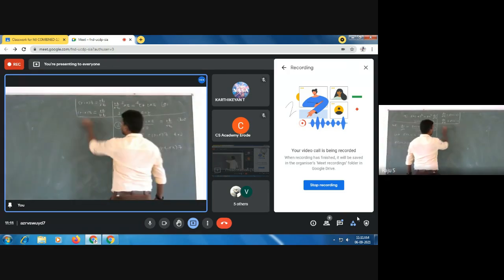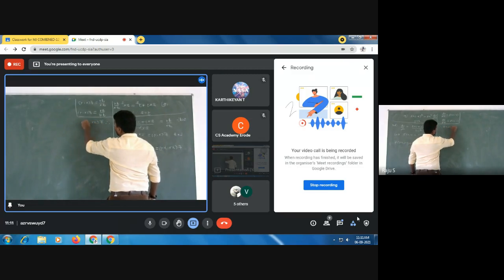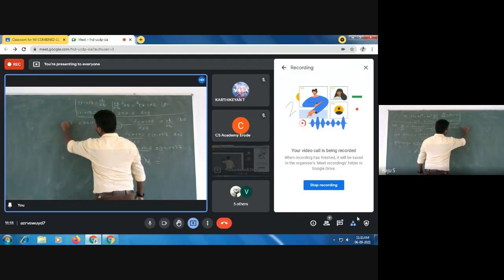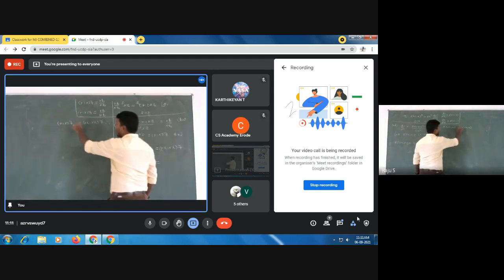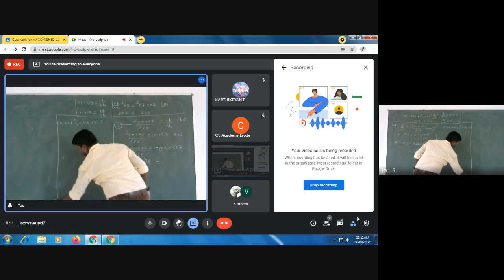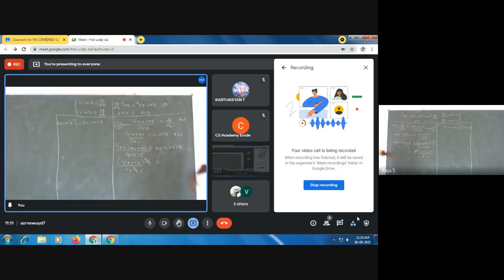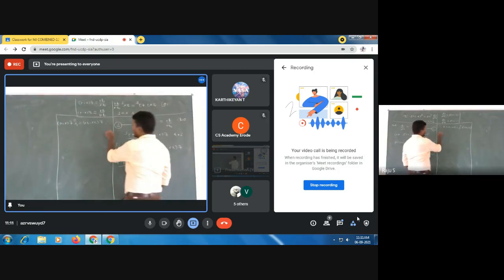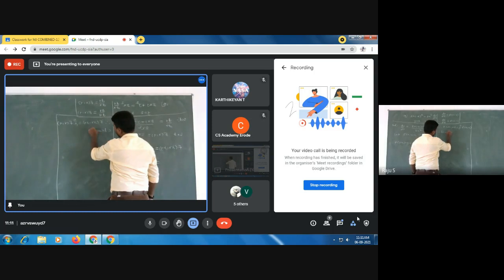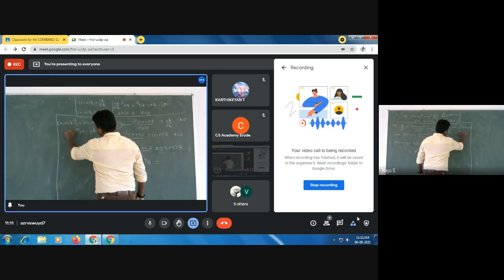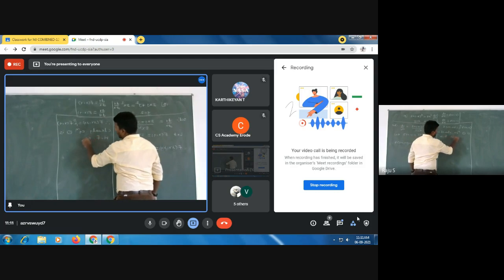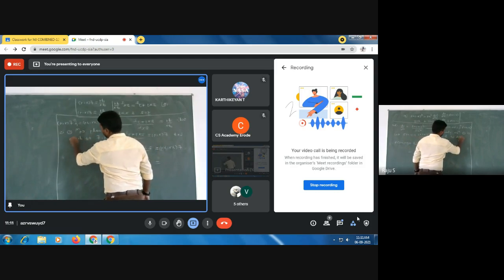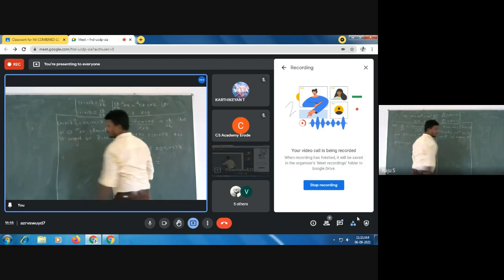Therefore f of lambda x comma lambda y is equal to f of x comma y. There is no lambda, so shall I write this as lambda to the power of 0? Yes, we can write. So clearly equation 1 is a homogeneous function of degree 0.